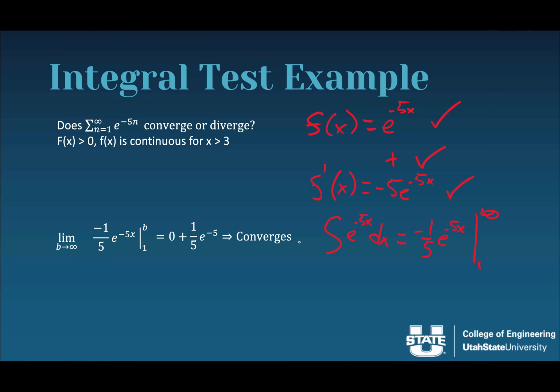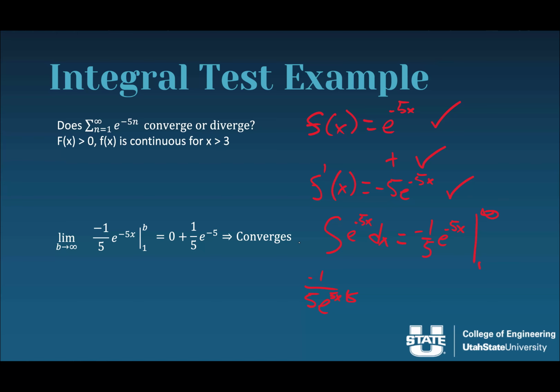And so if I plug in infinity to negative 1/5, where e to the 5x is on the bottom, as I plug in infinity for x, my denominator is going to get infinitely big, which means that my overall fraction is going to get infinitely small and be basically 0, right?